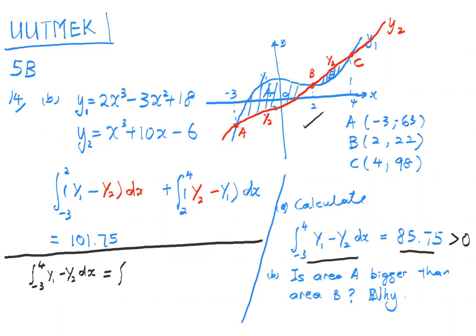They definitely will give you the graph. -3 to 2, y1 minus y2 dx. Followed by, you put a plus, correct? Integrate 2 to 4, y1 minus y2 dx. So integrate from -3 to 2, y1 minus y2, that is area A, am I right?